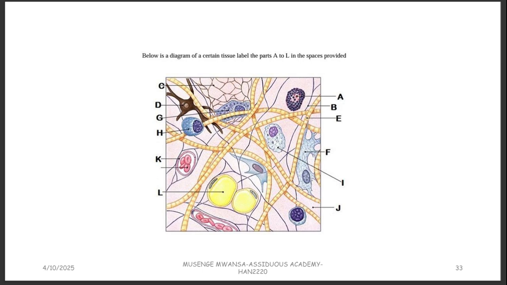And then what is E? Okay, E is collagen. Very good. A very thick bundle. And then F. What is F?